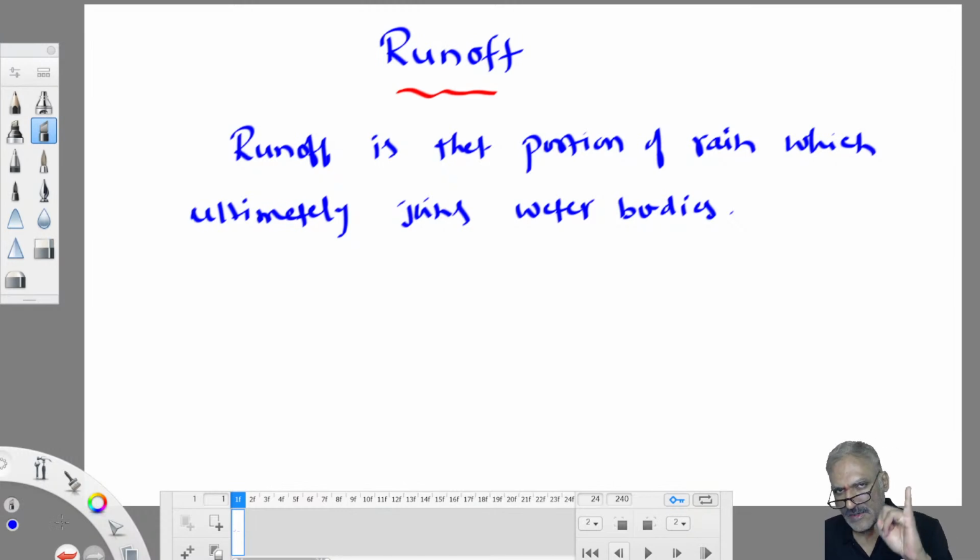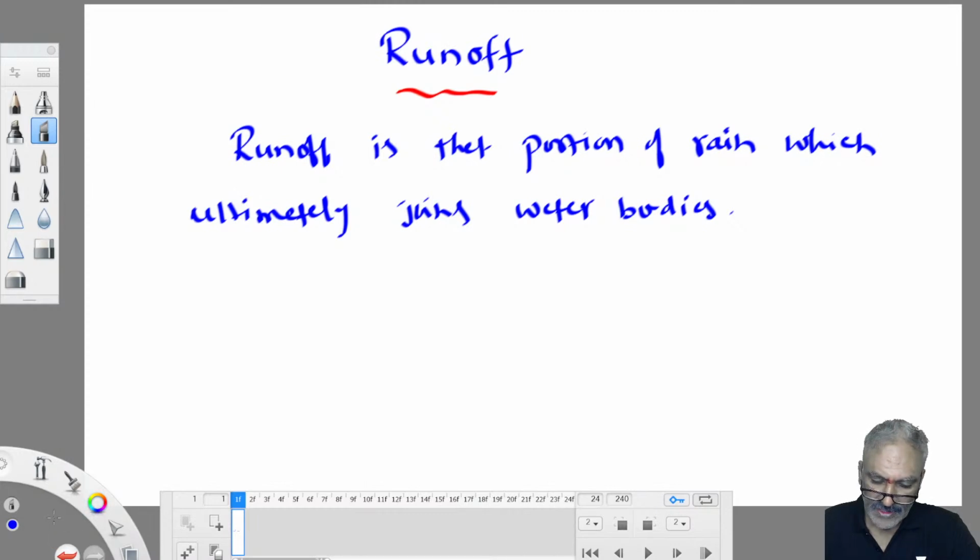You can measure precipitation by rain gauges, evaporation by evaporimeters, transpiration by phytometer, evapotranspiration by lysimeter, and infiltration by infiltrometers. But there is no device to measure runoff. Okay? It is the only quantity that we have to estimate, by performing a hydrological analysis in a catchment to find out the runoff component.